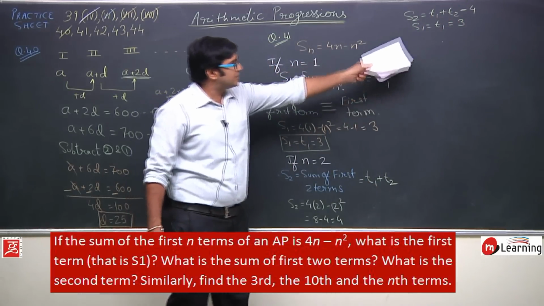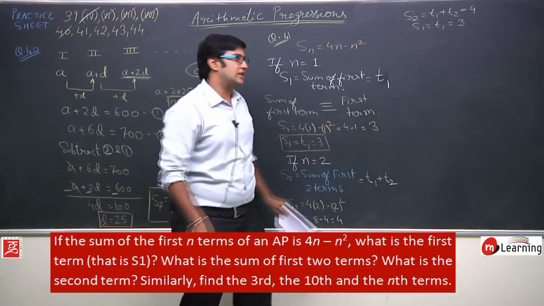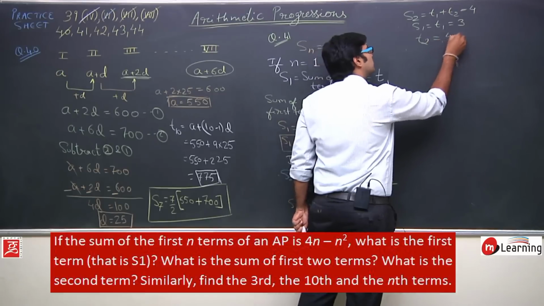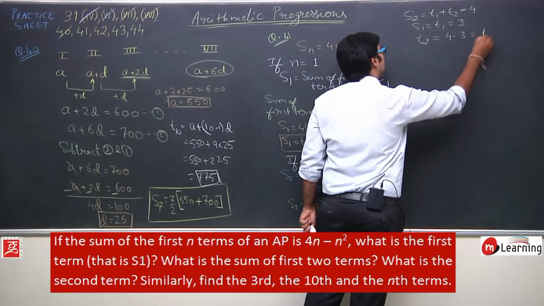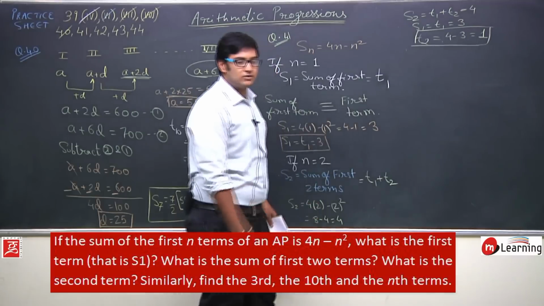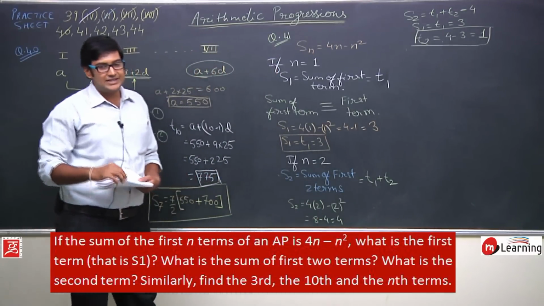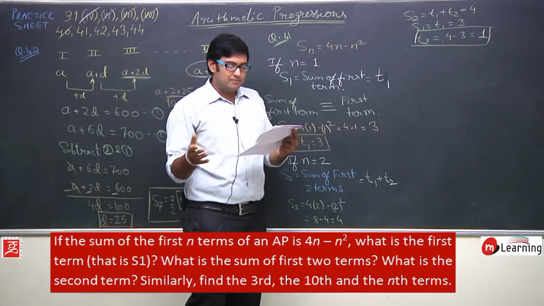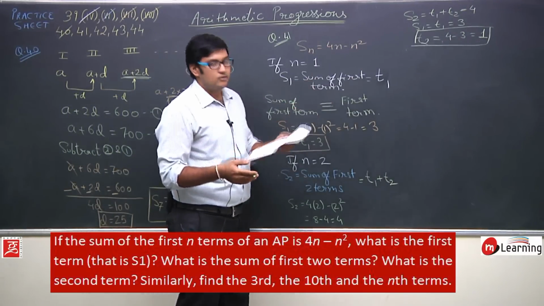Now if T1 plus T2 is 4 and T1 is 3, what is the value of T2? T2 will be equal to 4 minus 3, which will give you 1. So the value of T2 is equal to 1. T2 represents the second term, so the second term for this AP will be 1.